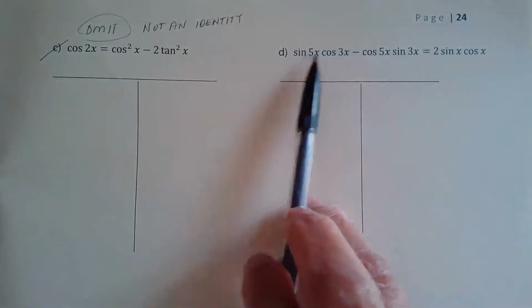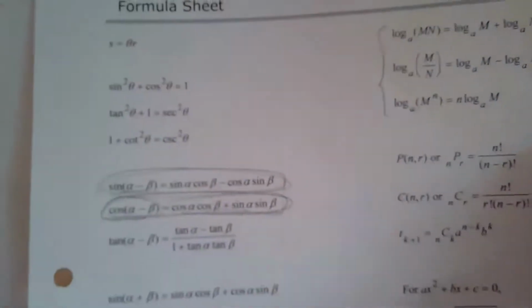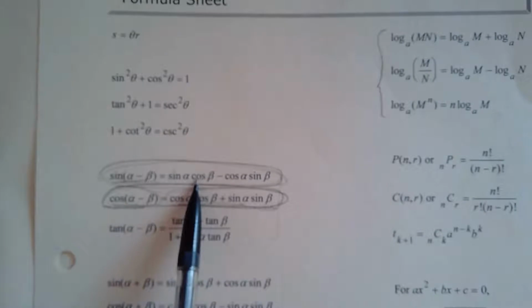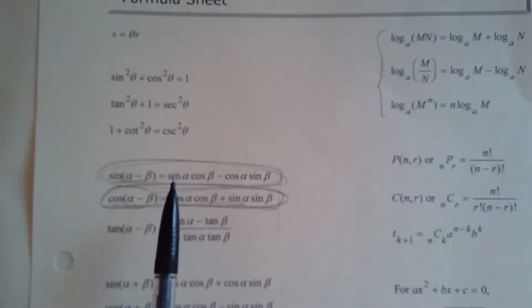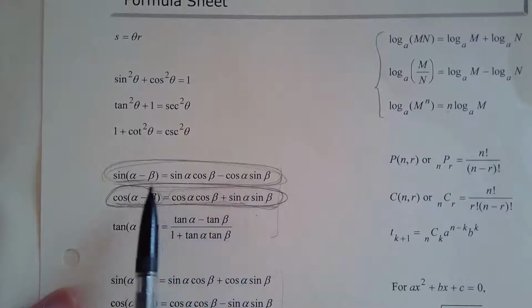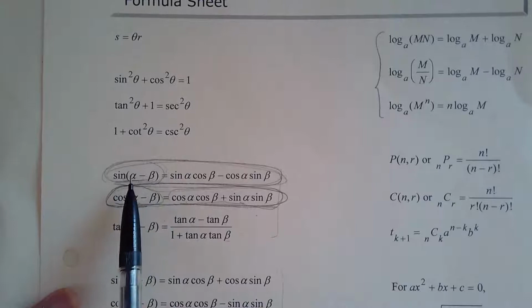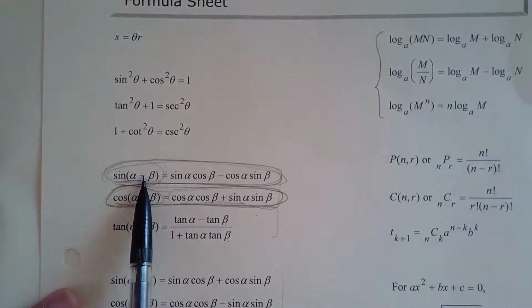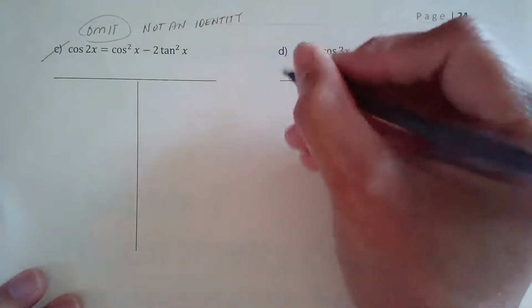So sine cos minus cos sine. We can rewrite that as sine of first angle minus second angle.